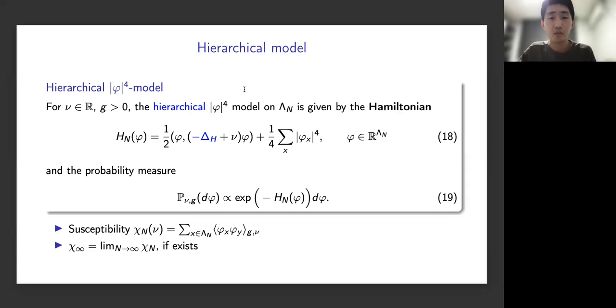And the hierarchical model is defined simply by replacing the minus Laplacian that was used to define the phi-4 model by the minus hierarchical Laplacian. And everything else is the same. The Gibbs measure is the same. The susceptibility is the same. And also the infinite volume susceptibility is the same.